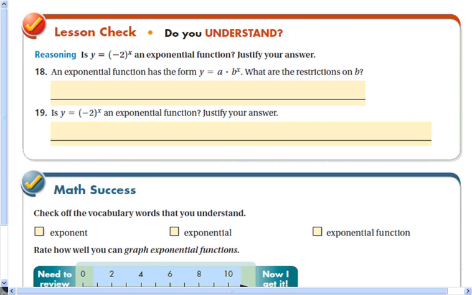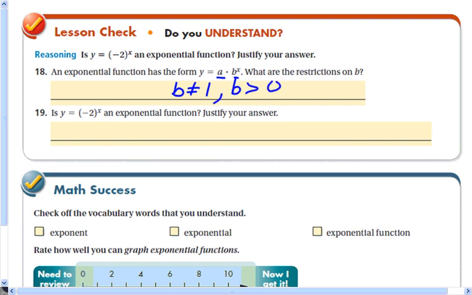All right. Lesson check: is this function an exponential function? According to our rules, if we can write it like this, it's an exponential function as long as a and b are good. And the restrictions are b cannot equal 1 and b has to be greater than 0.